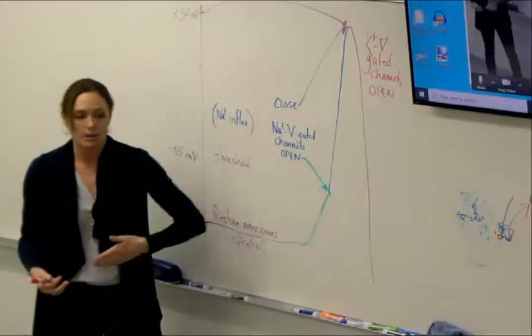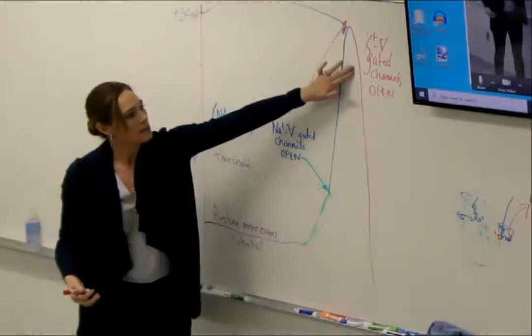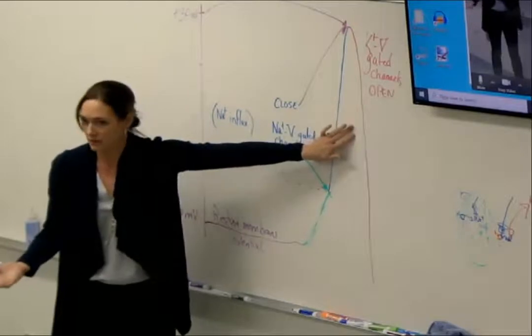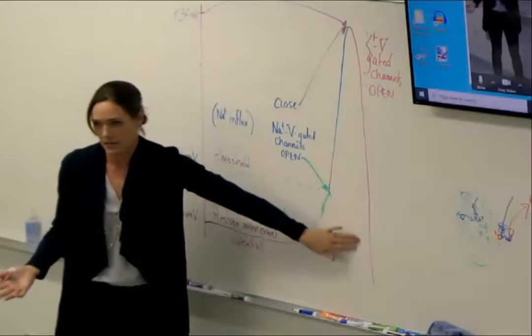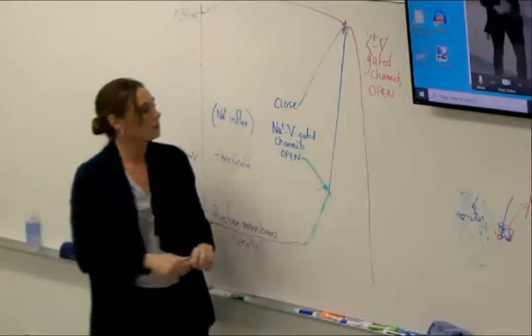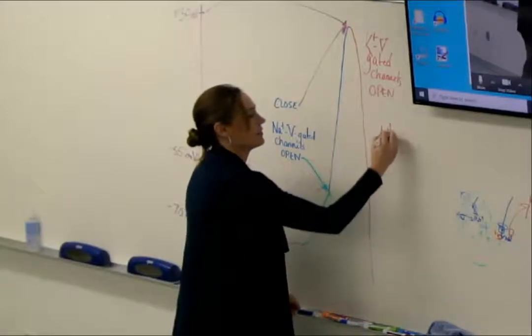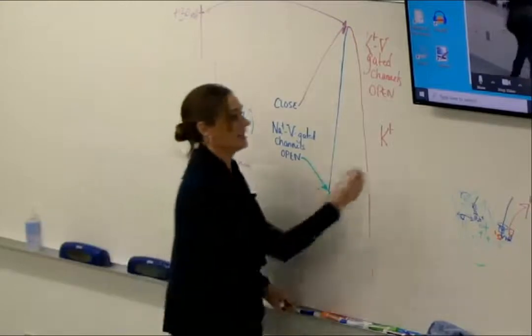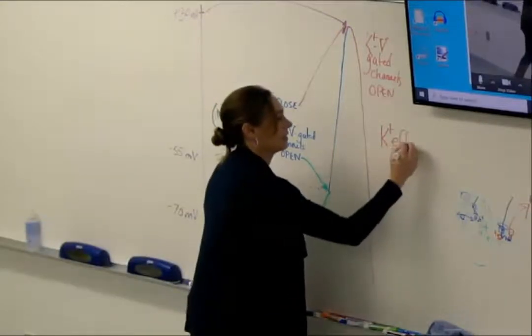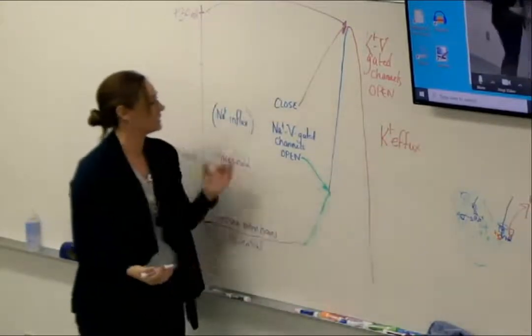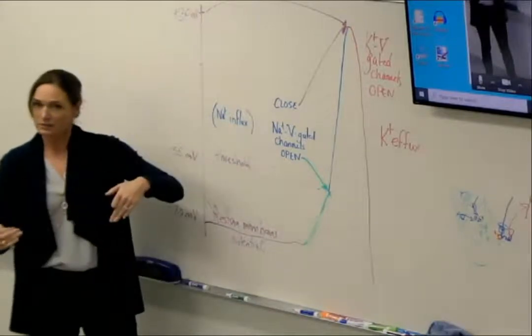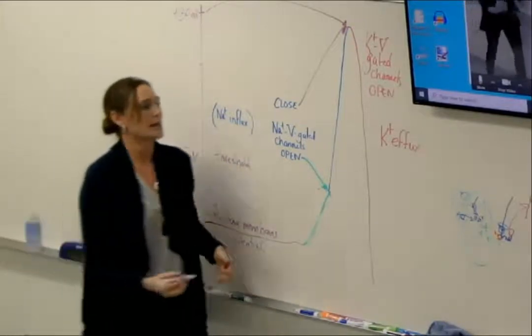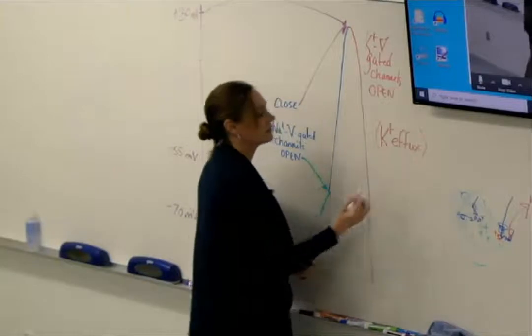Because a positive is leaving, it's becoming less positive, or coming towards the negative. That is due to potassium, and the term for this is potassium efflux, like it's exiting the cell. So you can see sodium influx or potassium efflux.